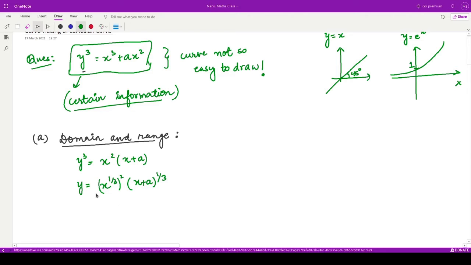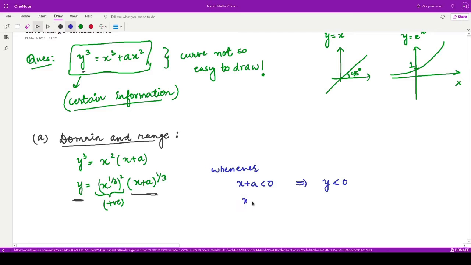Now you see, this term being a square of some term is always positive. So the sign of y would be affected by the sign of this term. In effect you can say whenever this x plus a is negative, you have y as negative.